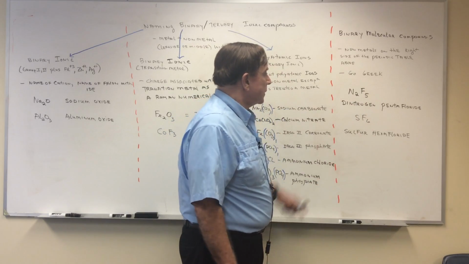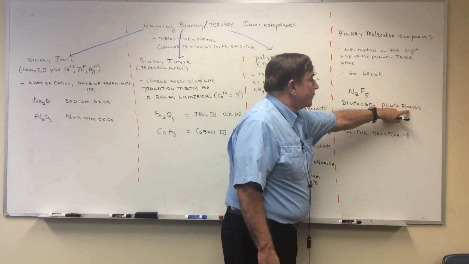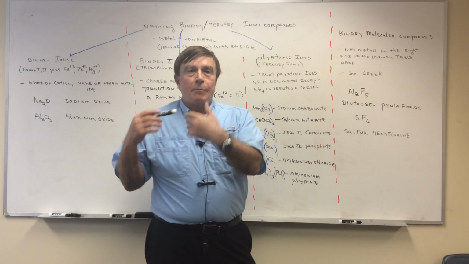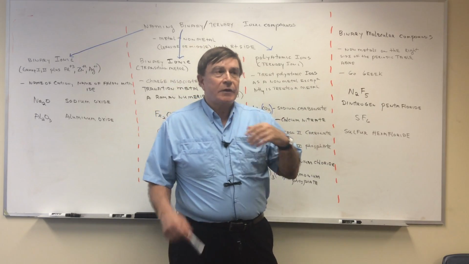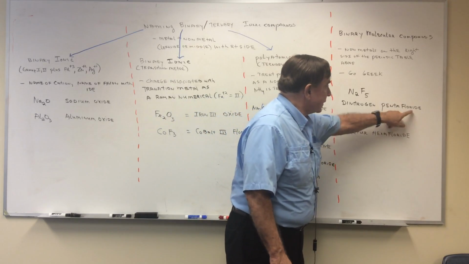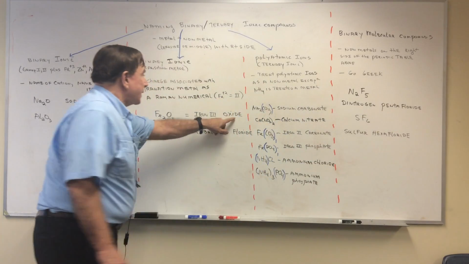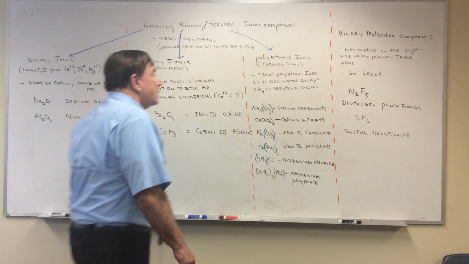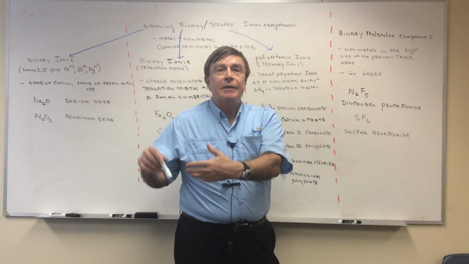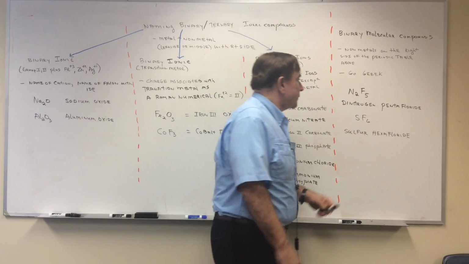This is pentafluoride. Now in the periodic table it's called fluorine, but for purposes of naming, everything has IDE. If you notice, IDE, IDE, IDE, IDE. So instead of having that fourth table, just know on the back end it's always IDE.